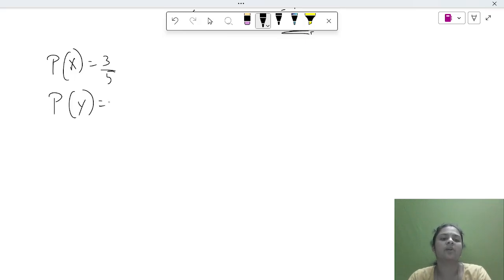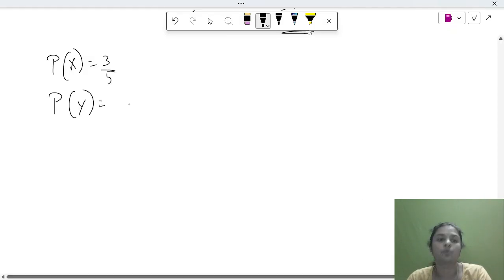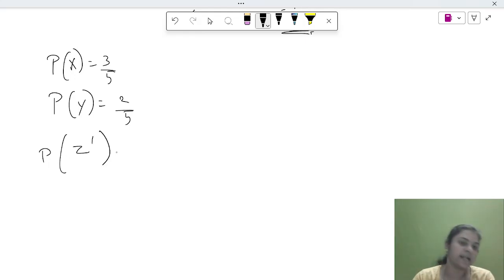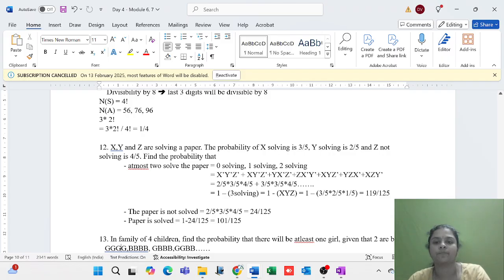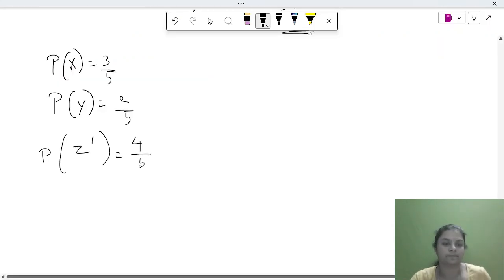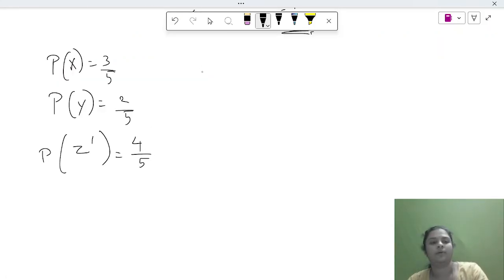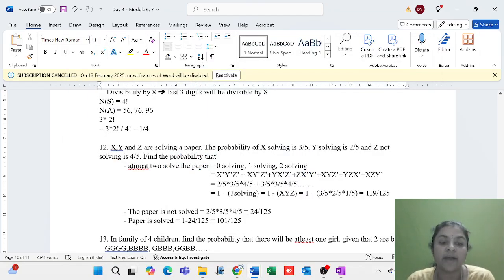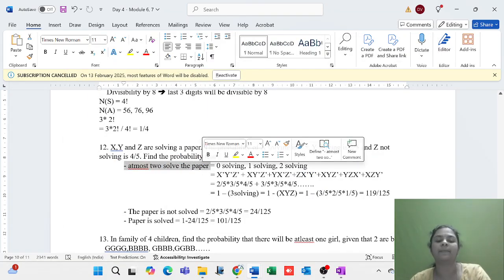Probability of Y solving is 2 by 5. And probability of Z not solving. So is it Z or Z dash? This Z dash is 4 by 5.